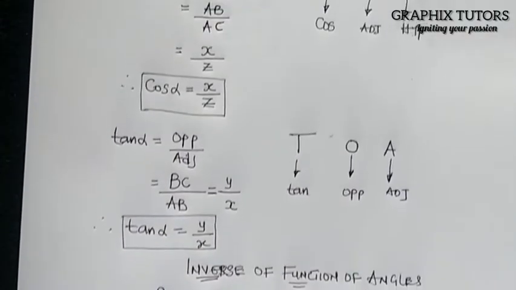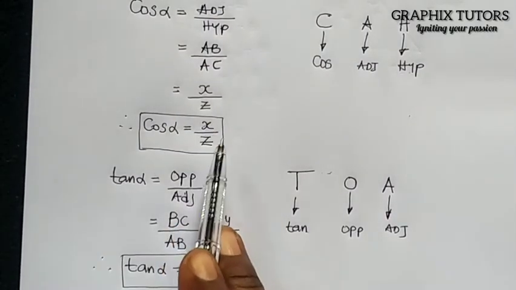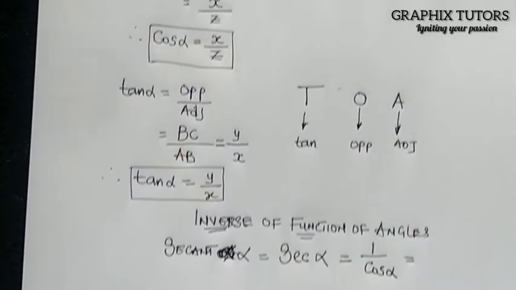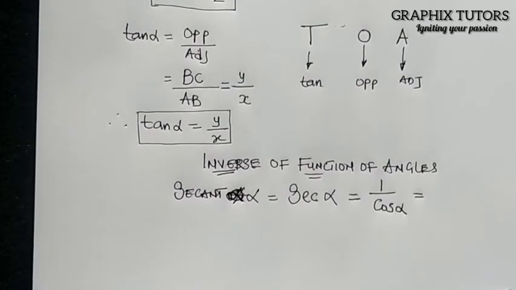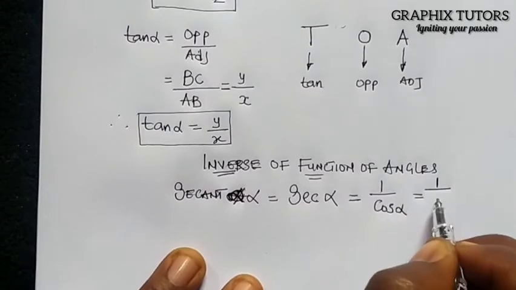And what is cos alpha? If you go back to this, you see that cos alpha is giving us what? X over Z. So we have 1 all over, so cos alpha is what?